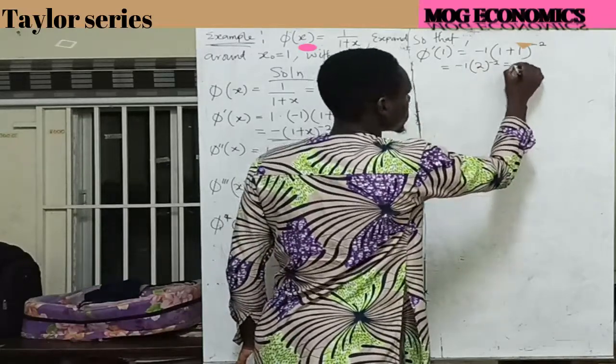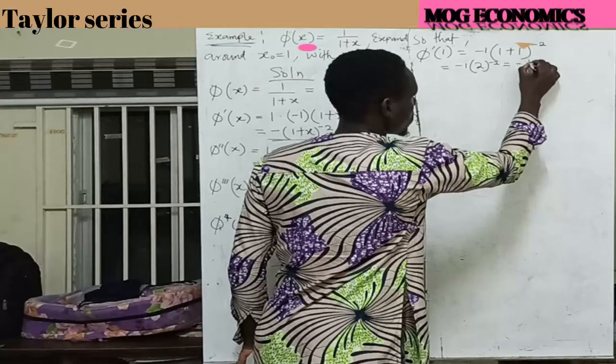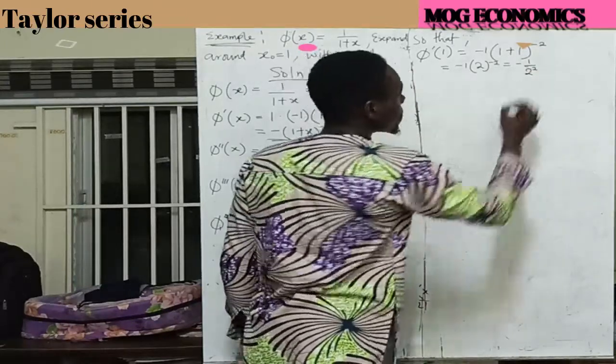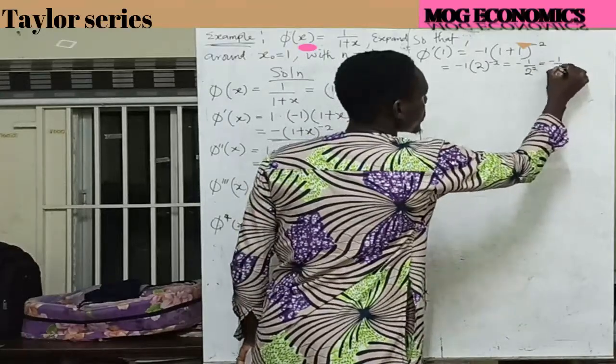So that is minus 1 all over 2 raised to the power of 2, and that is minus 1 over 4.